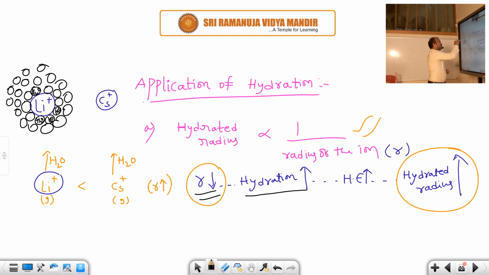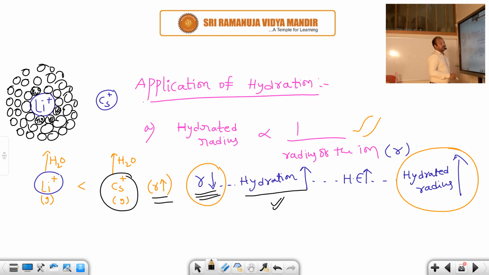Have you understood or not? More hydration takes place in the case of the lithium plus cation, because lithium plus has a small size. So size decreases, radius decreases, hydration increases. But in the case of the cesium plus ion, radius is more. That's why hydration is less, because when the size of the cation or anion increases, hydration decreases.